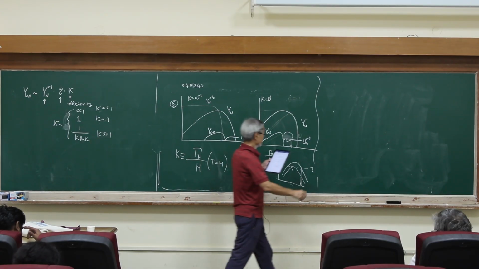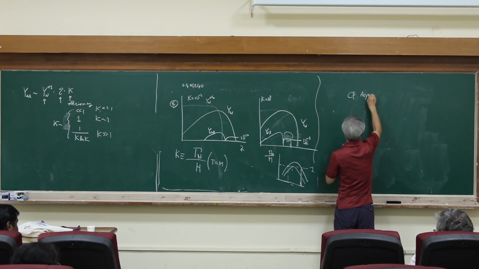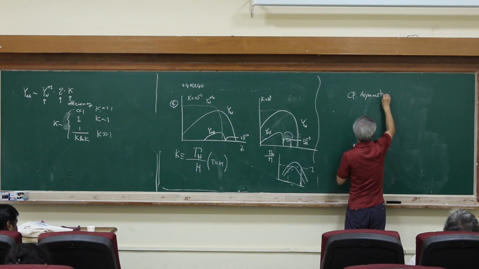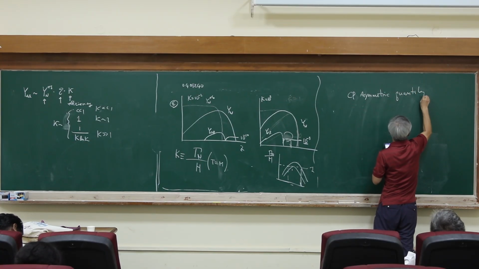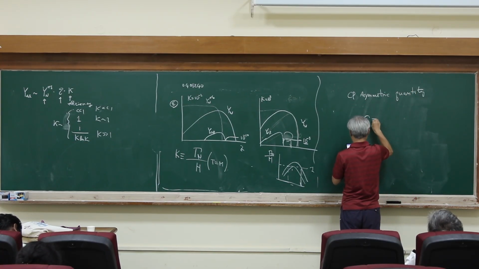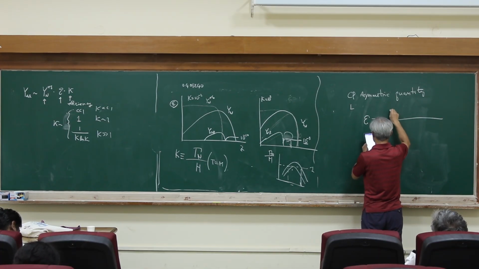Okay, now the L asymmetry produced from the right-handed neutrino decay.